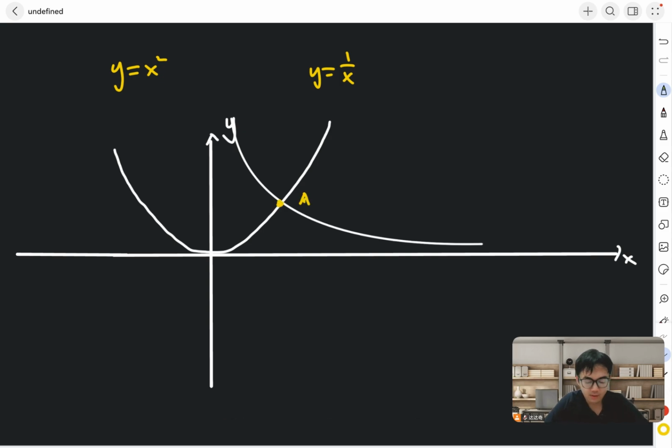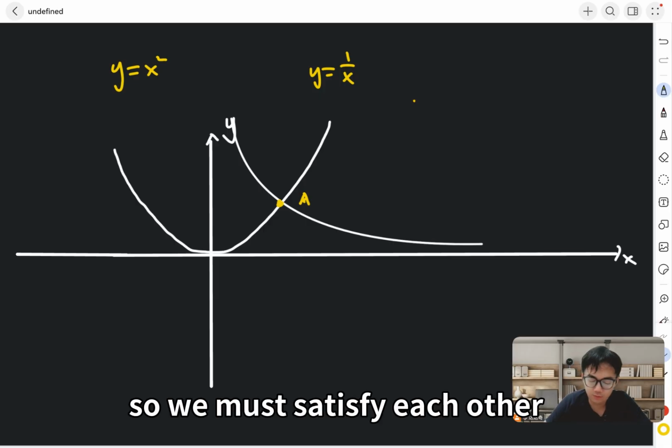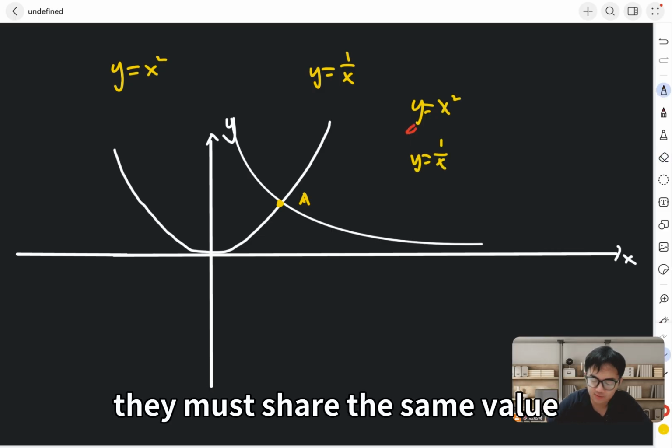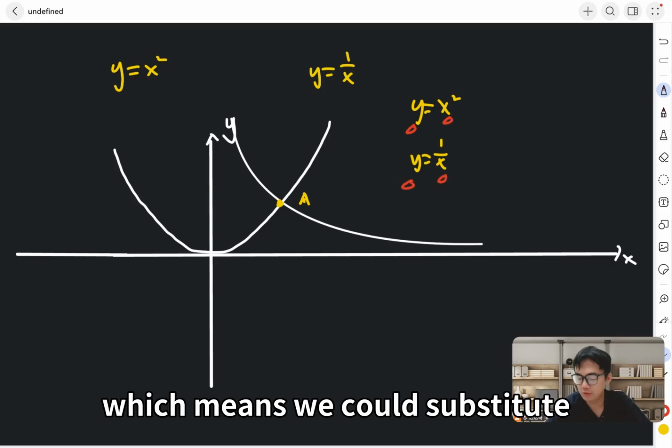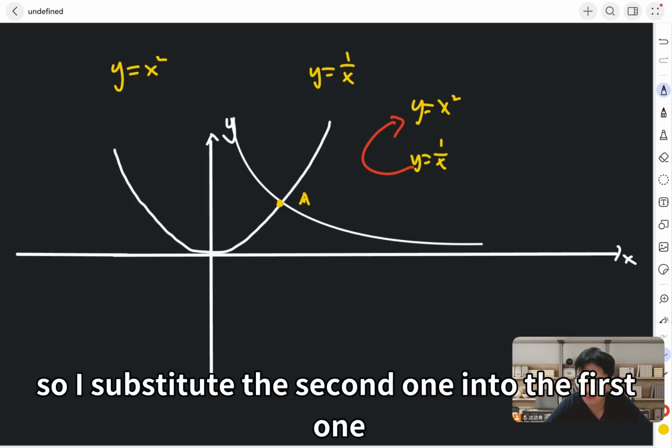And still, point A lies on both of the equations, so it must satisfy both. For y equals x squared and y equals 1 over x, they must share the same value, which means we could substitute either of them into the other one. So I can substitute the second one into the first one.